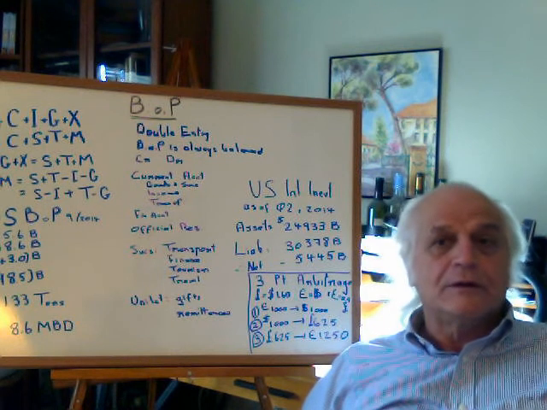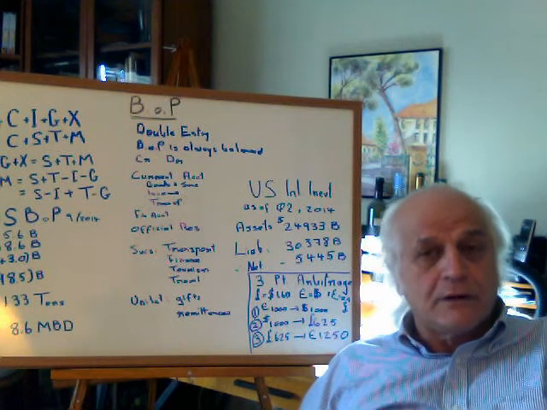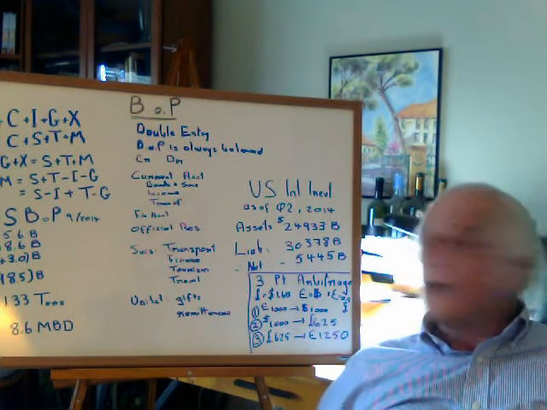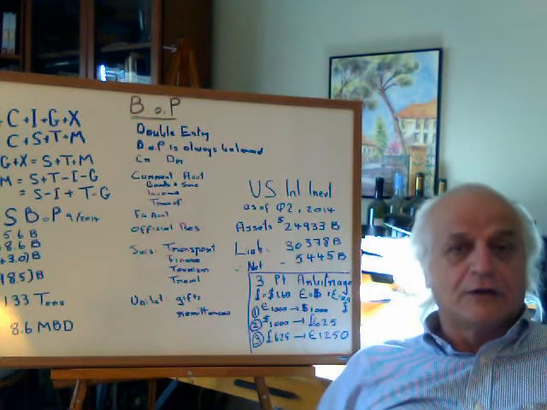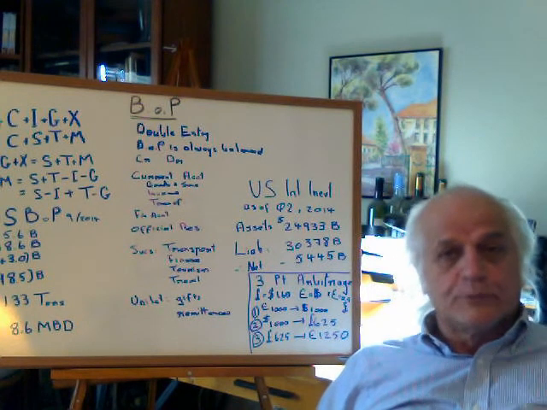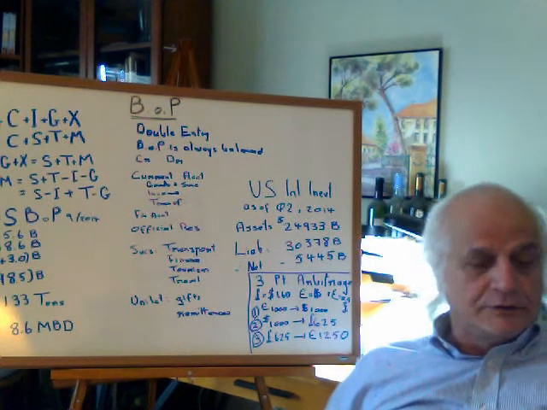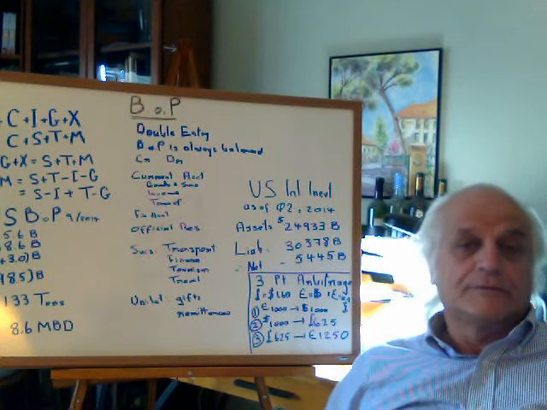So the ownership of American-based companies by foreign nationals amounts to $30 trillion, while our ownership of the rest of the world amounts to $25 trillion. So as you can see, we are right now a debtor nation.